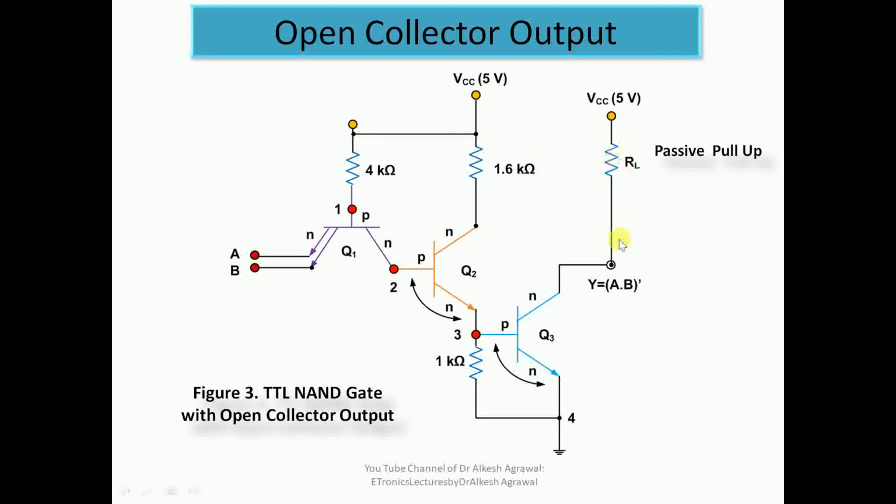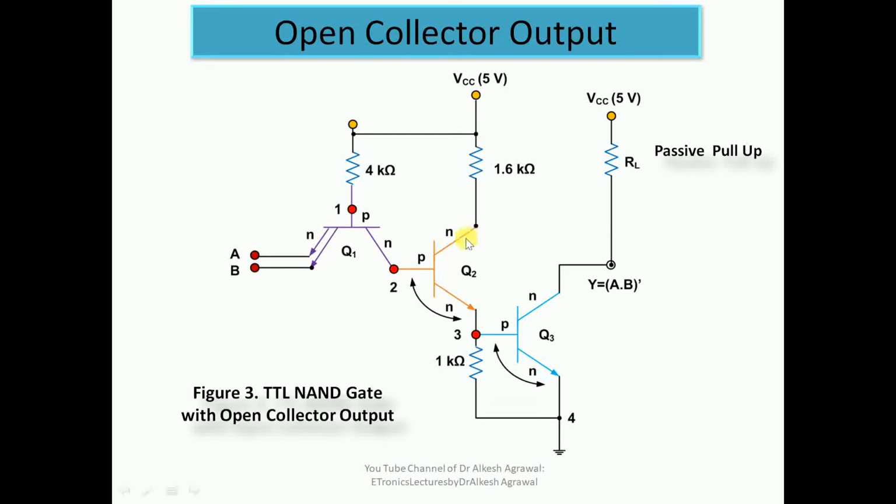First one is open collector output. Here you can see we have three transistors. The first transistor is connected to the supply through the base. This is the emitter terminal, and the collector is connected to the base of another transistor.